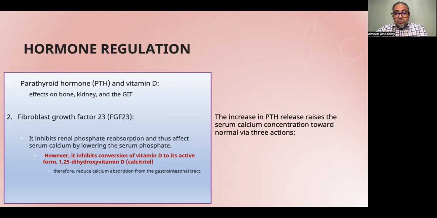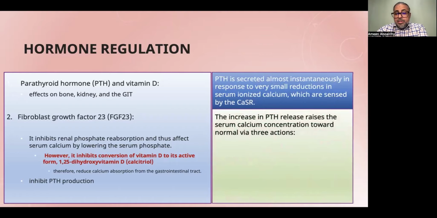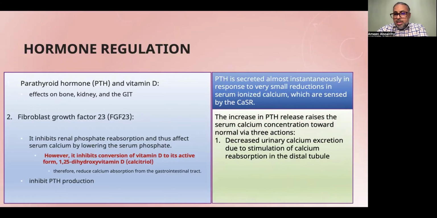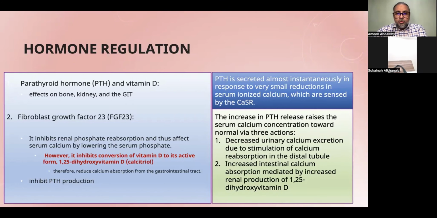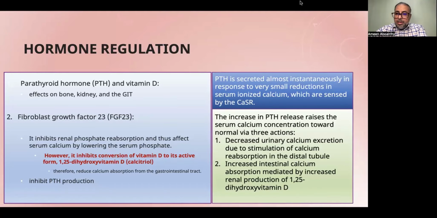As you know, vitamin D is important in different places, mainly the gut absorption of calcium. And PTH is important in reabsorbing calcium from the kidney, and increases intestinal calcium absorption as well, because it enhances the activation of 1,25 hydroxyvitamin D, and that in fact, as we just said, is opposite to what FGF23 is doing.